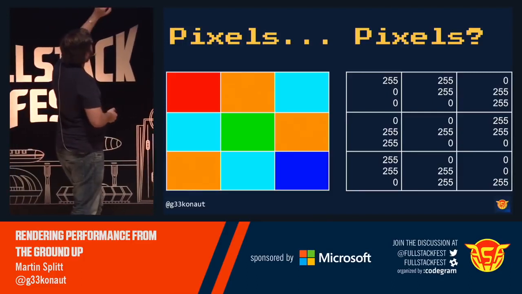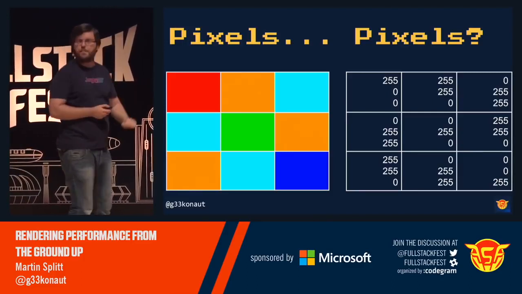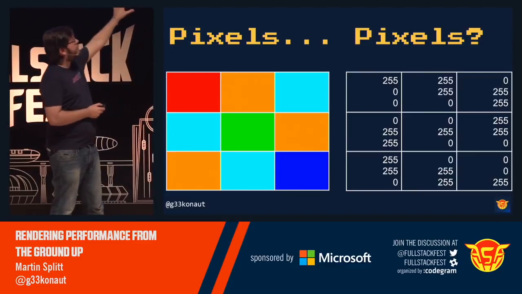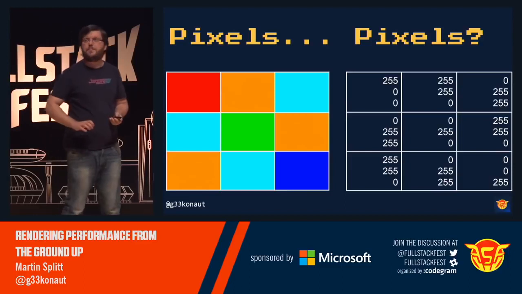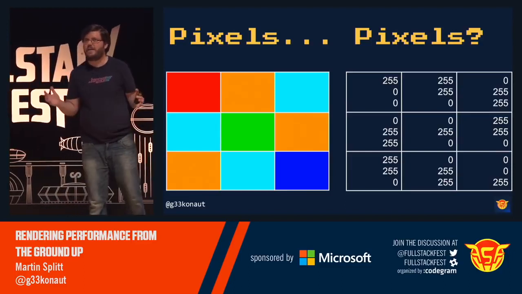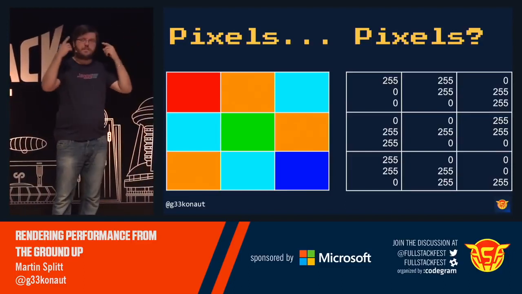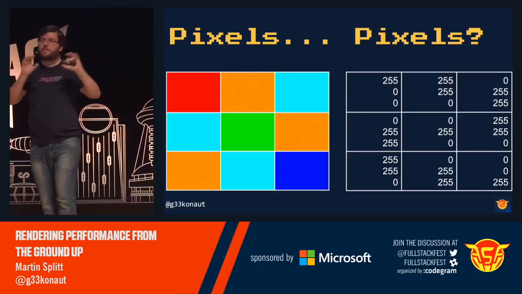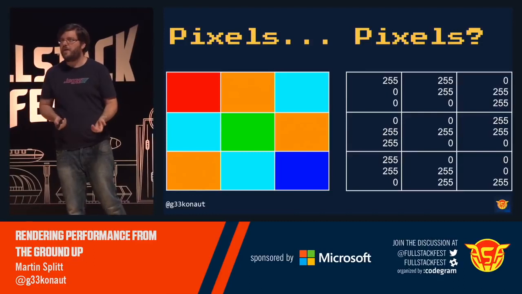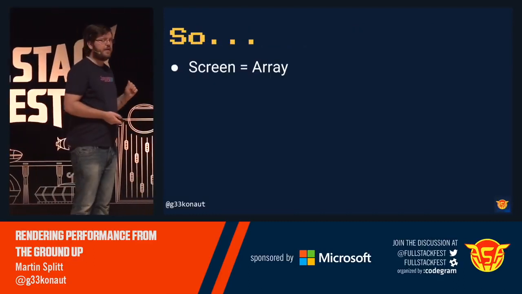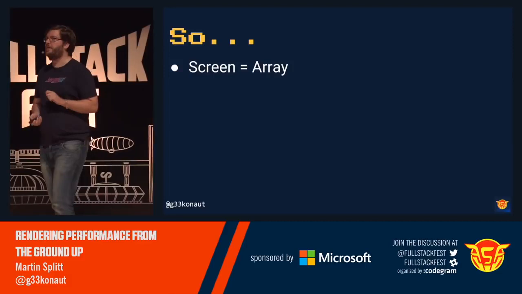And what it really is, these intensities are just numbers. I laid them out in this grid to kind of reflect the colors into numbers. But there's nothing stopping me from just putting them as a list. Right? This is just for us so that we have a better understanding of which numbers represent which pixel, but really it is just a list of numbers. So that means rendering is actually not very complicated, if you think about it.